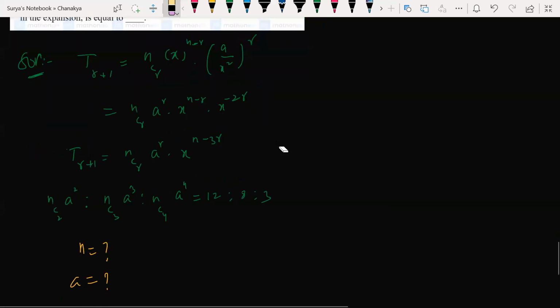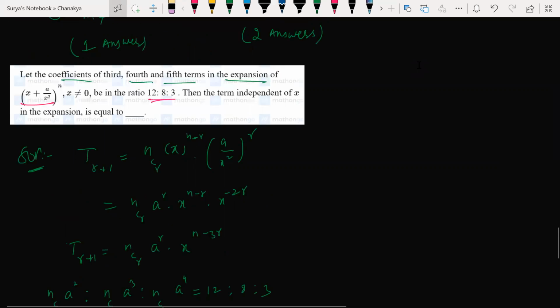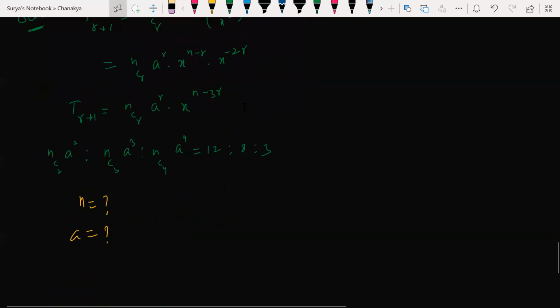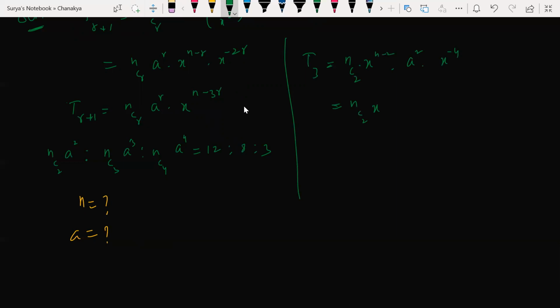Guys, what happened? Look at this here, everyone. Third, fourth, fifth term, right? You can solve in this way as well. T3 is NC2 into x to the power of n minus 2 into a square into x to the power of minus 4, which means NC2 x to the power of n minus 6 into a square.